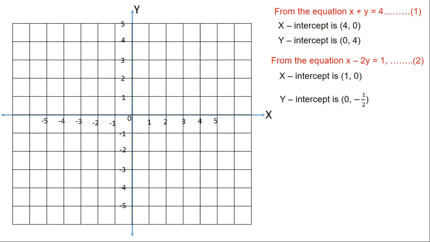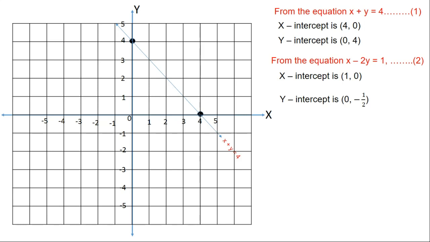Let's begin with equation number 1. The x-intercept is (4, 0), and the y-intercept is (0, 4). Therefore, this is the straight line that shows the equation x plus y equals 4.